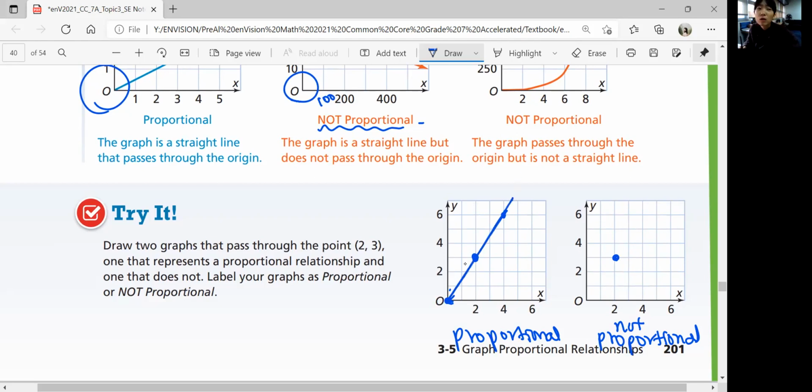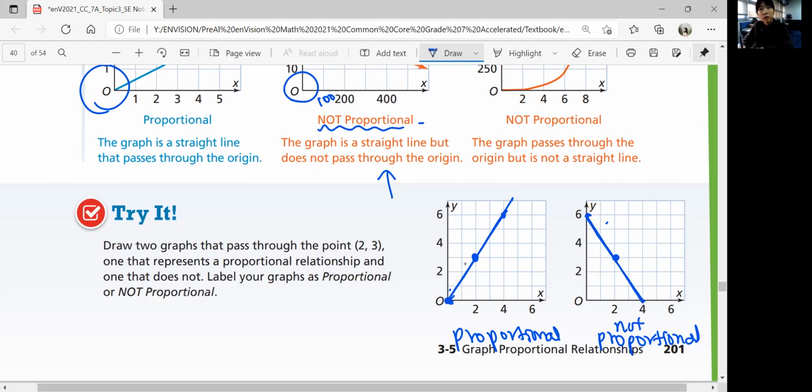For not proportional, you can draw an example that doesn't pass through the origin, or you can draw a non-straight line. Either way, you could start at 6 and draw a line that's passing through this point, but it's not starting from the origin.